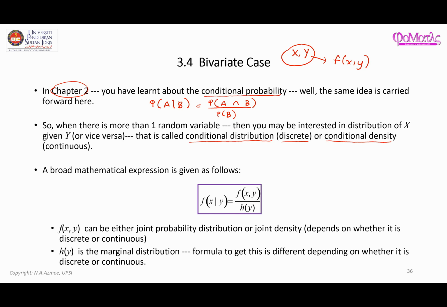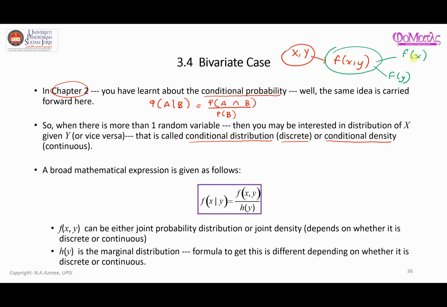In the previous video we have seen that this joint probability distribution or joint probability density can be separated if you're interested to study just x alone or y alone. And if you want to be more specific or differentiate between one another, you can use a different notation.